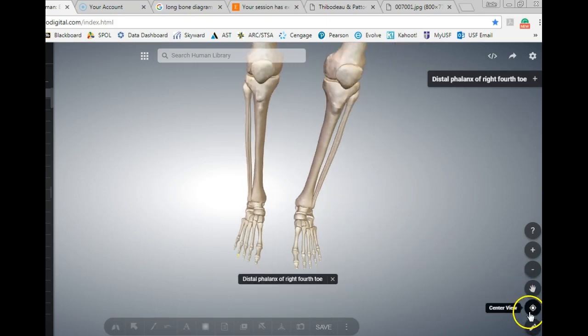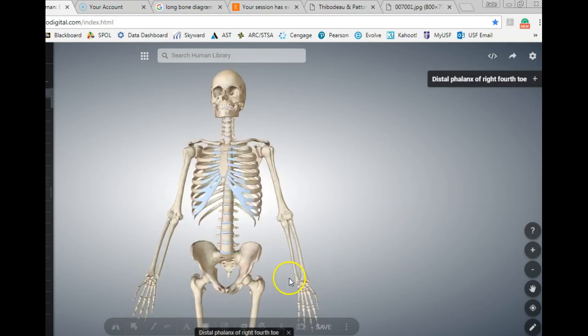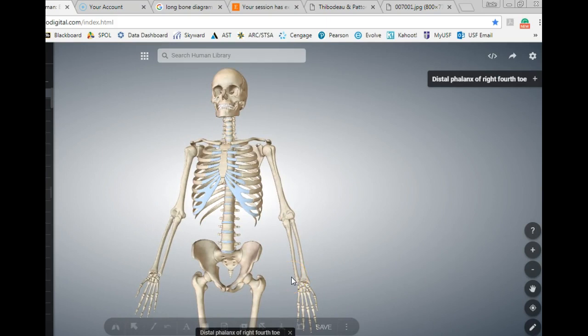That is going to be the bones of the body. So this example that they provide us here is an example of a male skeleton. Really what you're going to notice between female and male is that the male skeleton is a little bit larger, and the shape of the pelvis is going to be different.